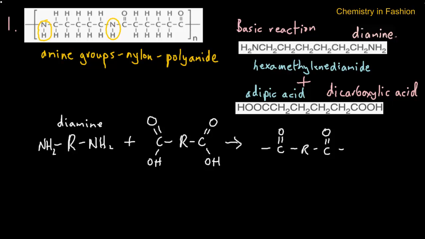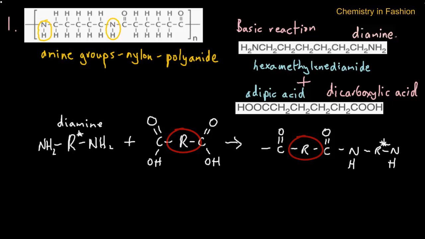We then have the amine group, and of course we said it's a diamine. And we may want to mark these to show that this R group, let's mark it like this, with a little star, so that's from the diamine, and the other one is from the dicarboxylic acid.